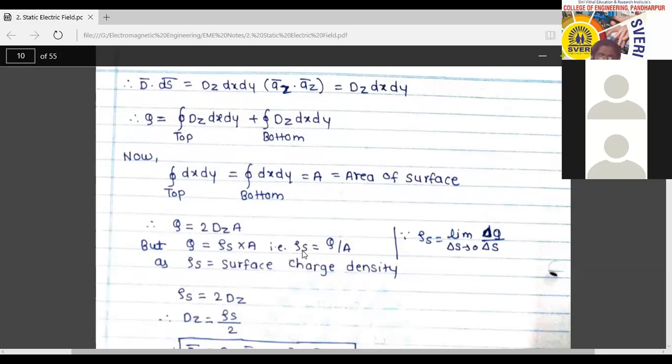We get rho s is equal to Q divided by A, which is the surface charge density, and this rho s is equal to 2 dz.